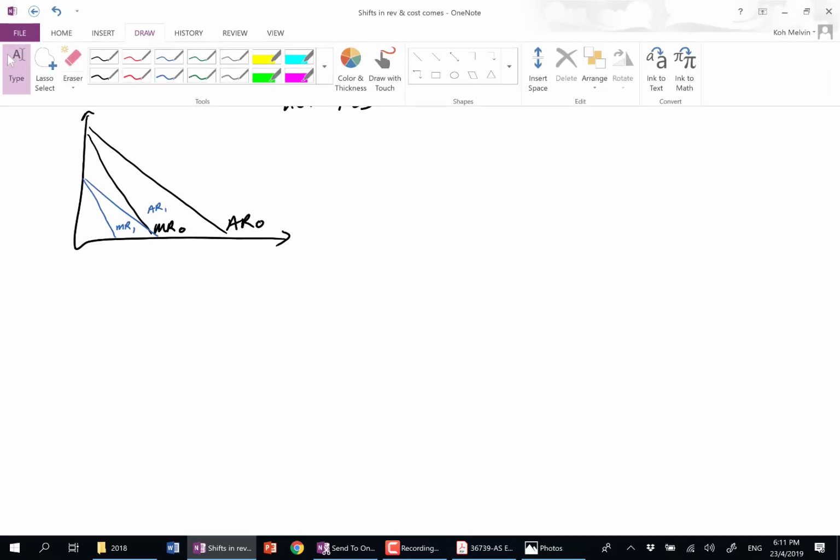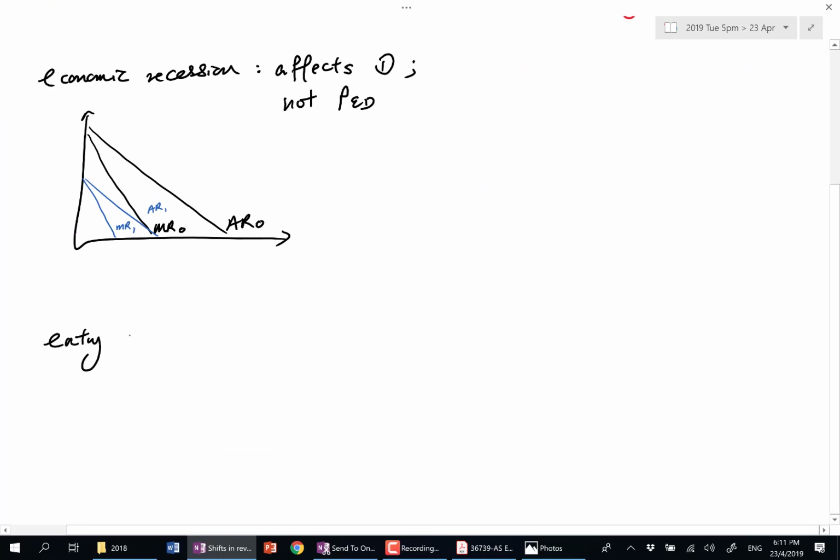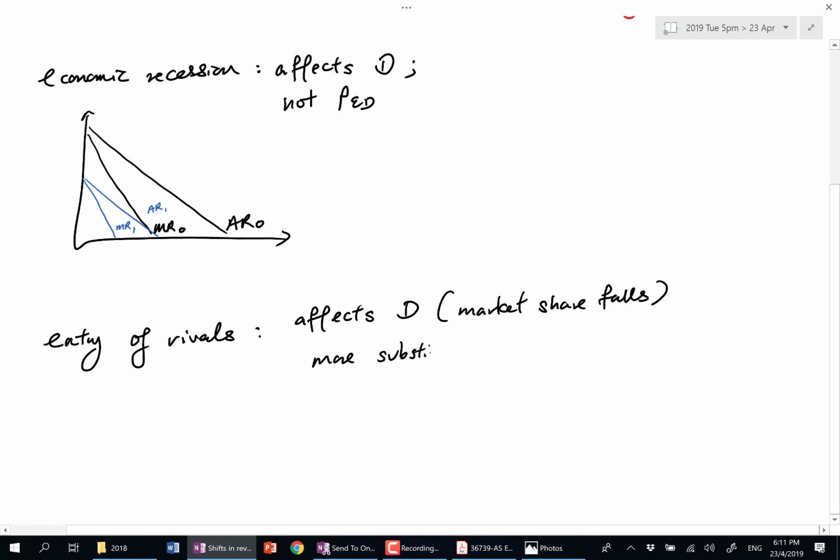But let's say I'm talking about the entry of rivals. When you have rivals coming in, it affects demand. It should affect demand because my market share falls. Market share drops. At the same time, I get more substitutes. Therefore, PED rises. Do you remember PED is affected by proportion of income, addiction, necessity, time period, substitutes.